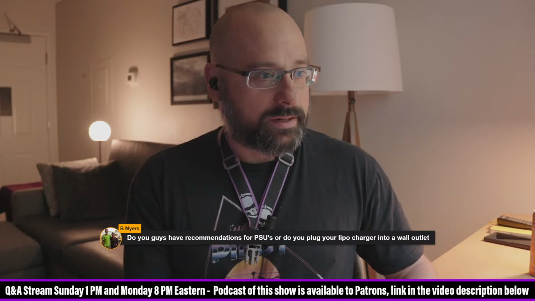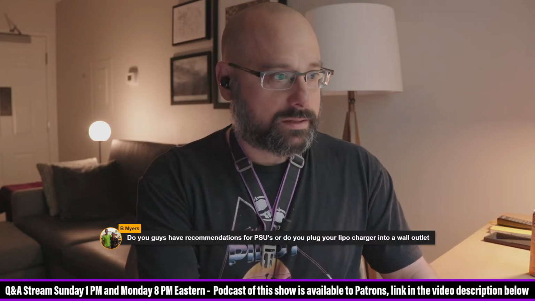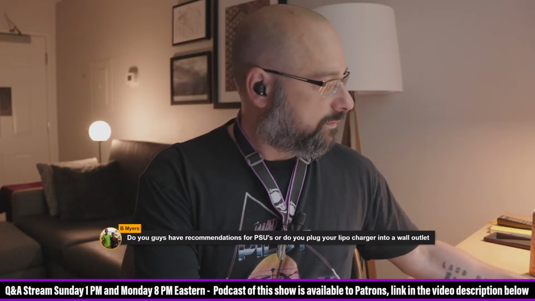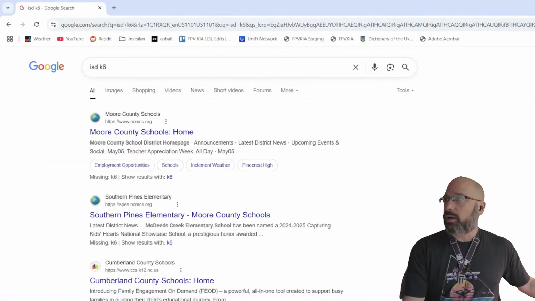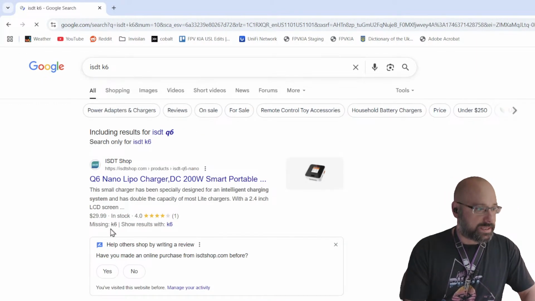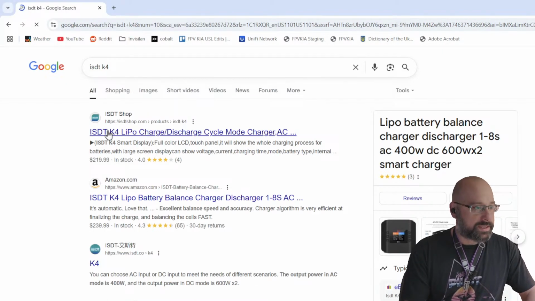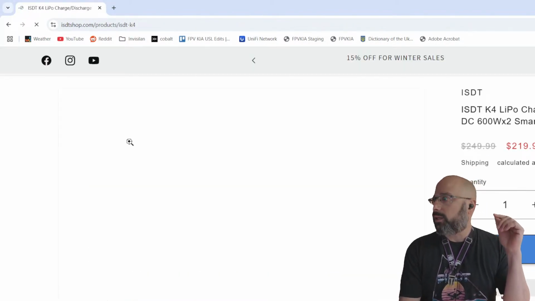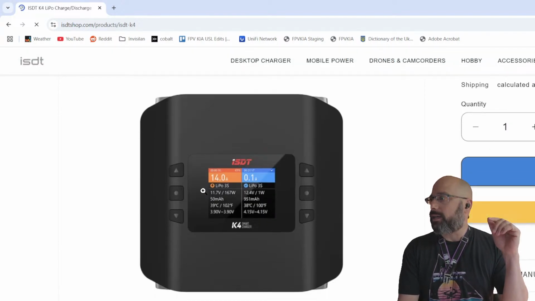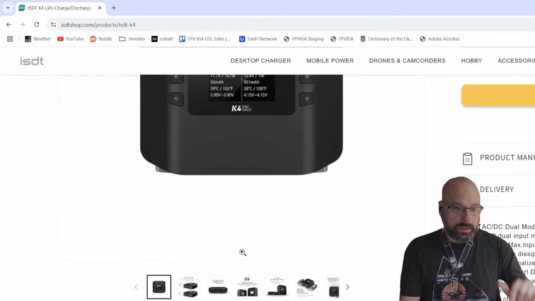There are chargers out there that have a big built-in power supply, like the ISDT K6 comes to mind. That's not what I meant to type. I believe it's the K6. No, not the K6. K4? There we go, the ISDT K4. The ISDT K4 comes to mind as one with a very big internal power supply.